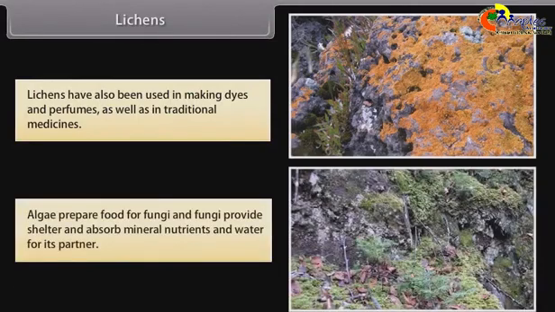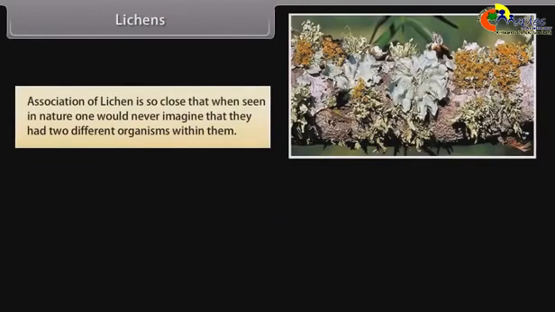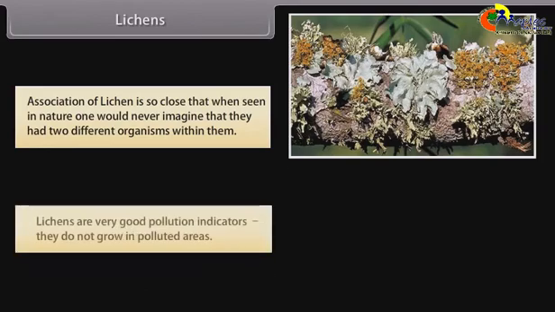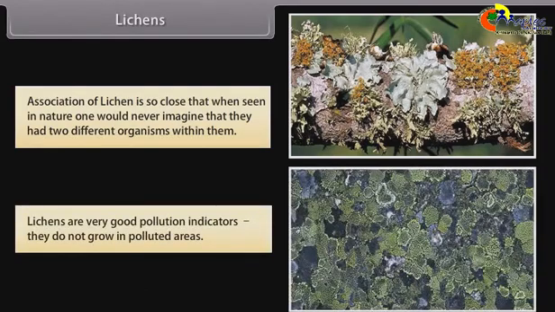Algae prepare food for fungi, and fungi provide shelter and absorb mineral nutrients and water for its partner. The association of lichen is so close that when seen in nature, one would never imagine that they had two different organisms within them. Lichens are very good pollution indicators.